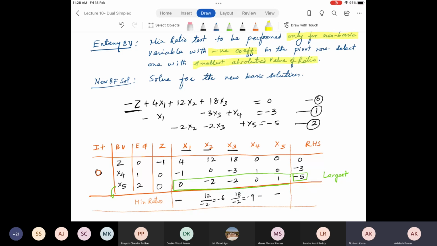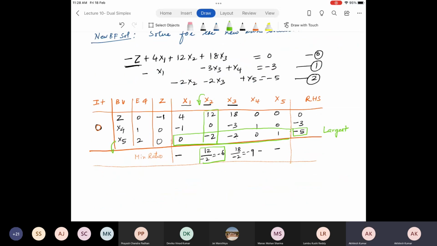Smallest absolute value. Which one is the smallest absolute value? -6. So x2 will enter the basis and this becomes my pivot column. Good so far? Any questions?